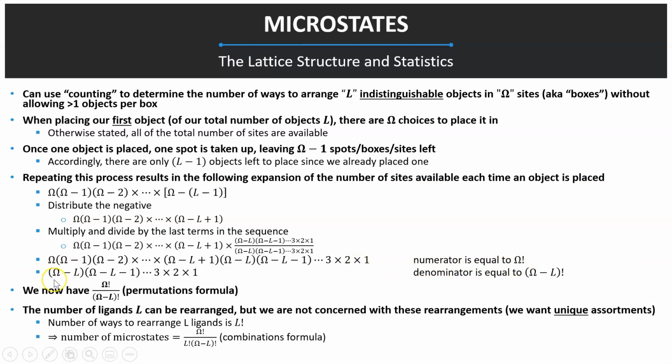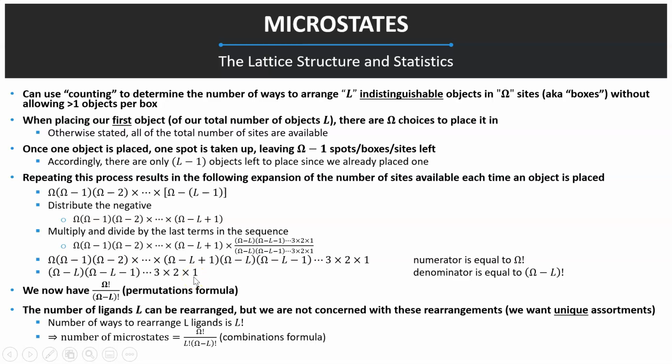Now for the denominator. In the denominator, we have the last few terms of the sequence starting with the total number of sites minus the total number of ligands that need to be placed. This continues on to the total number of sites minus the number of ligands placed minus one additional site. Similarly, this continues until the final term 1 is reached, meaning only one site is left.